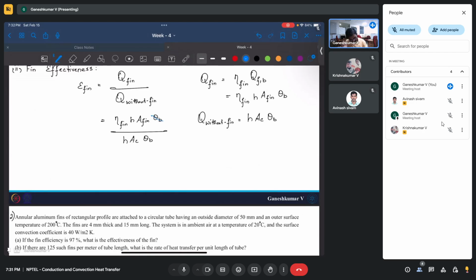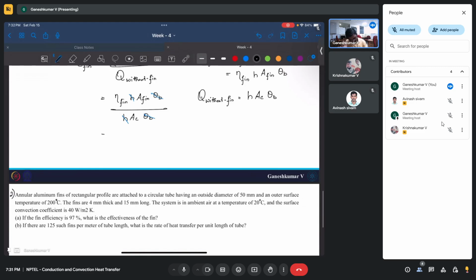So theta b cancels, h cancels. So this simply boils down to how much increase in area you are getting when you add a fin. Of course, you have a multiplicative factor, which is the efficiency of the fin. So please understand, this gives multiple perspectives of the same parameter that we are talking about. Okay.